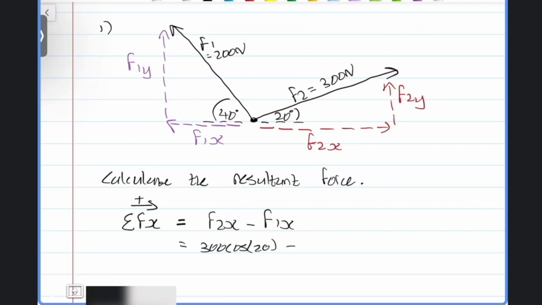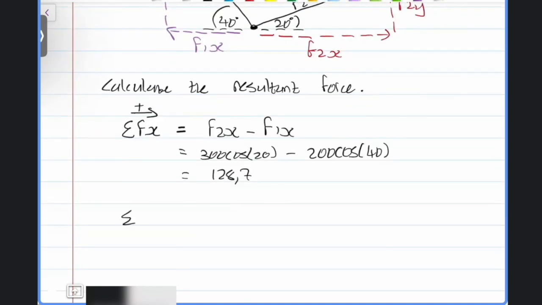F1x is going to be 200 cos of 40, this angle between x-axis and our vector. Okay, so that's 128.7.